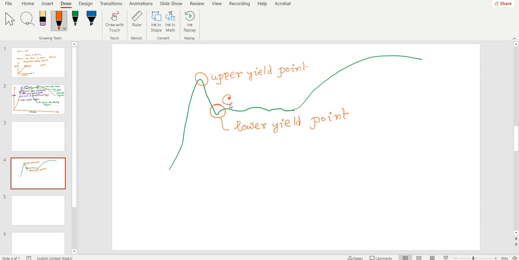Suppose this point is B and this point is C. Point B, the upper yield point, has no practical significance. But point C is used for cold working.